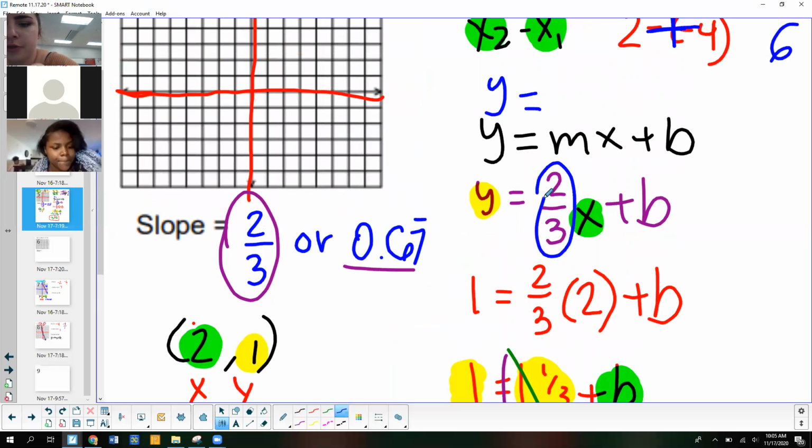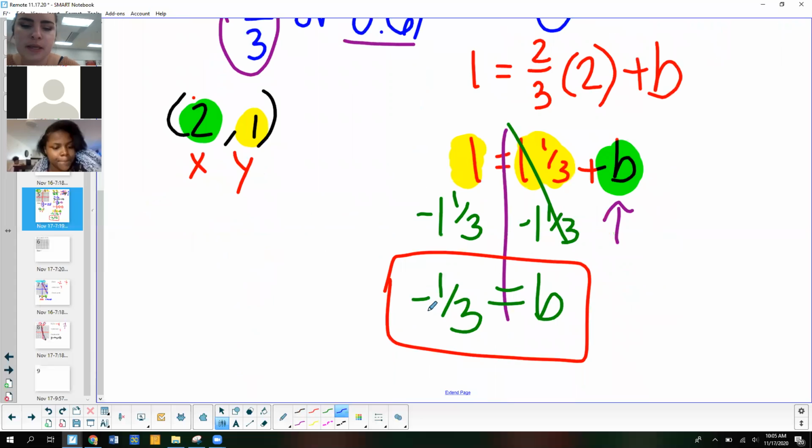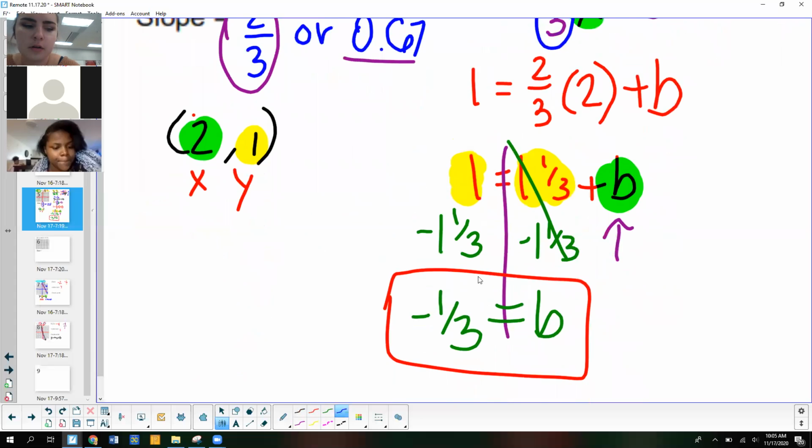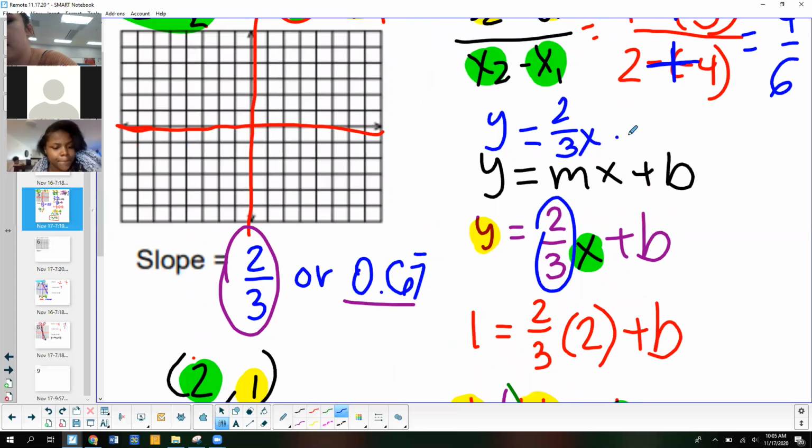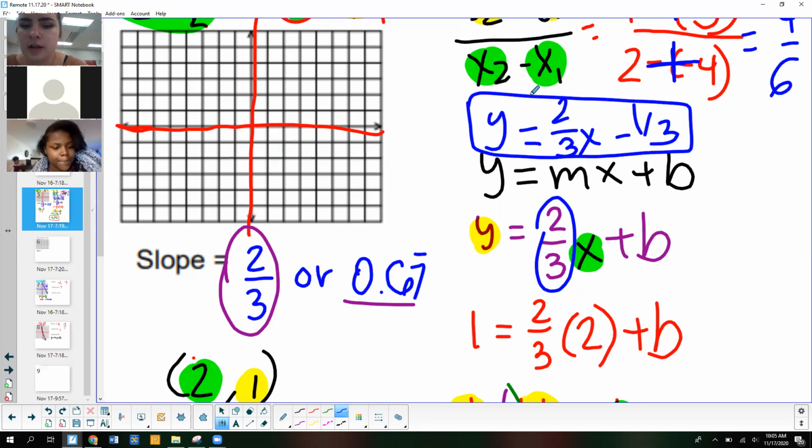Our m is 2/3, remember? So y equals 2/3 x. And then instead of b, we found b. b is negative 1/3. So our slope intercept formula for this equation is going to be y equals 2/3 x minus 1/3.